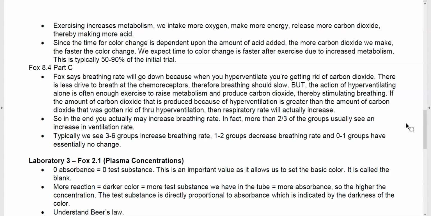So if I said, what do you expect to happen to time to color change when you blow through a straw after exercise? You'd say, it should be less. So we expect that theoretically.